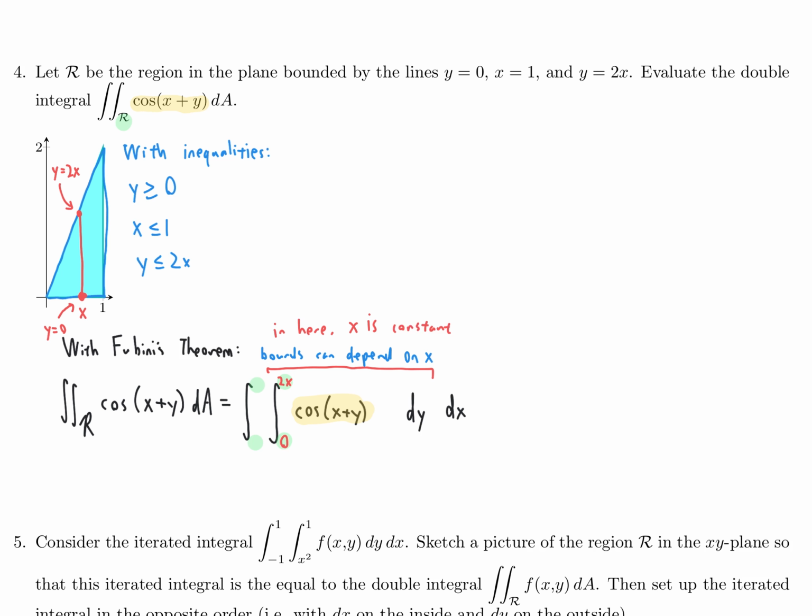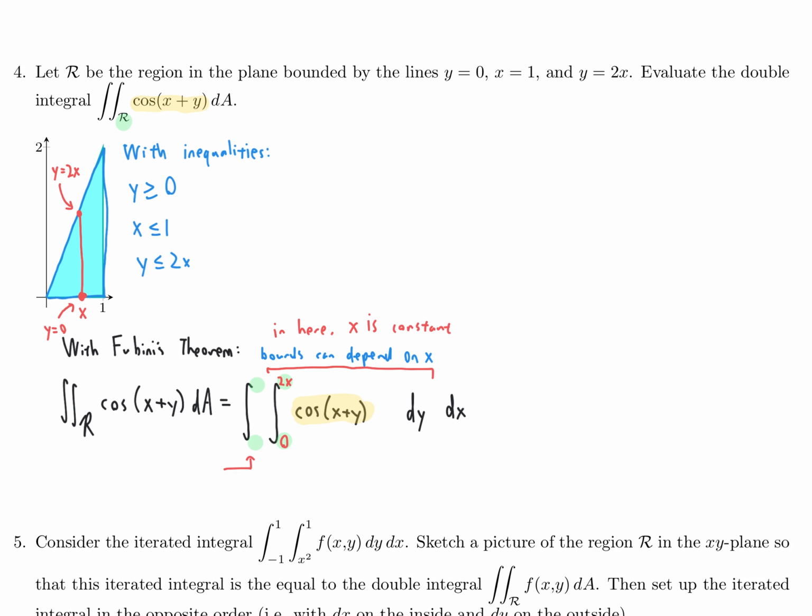Now it's a little bit odd to be putting an expression with x's into your limit of integration. However, because we're treating x as constant in these parentheses, it's okay. This 2x is really being treated as just a number. It's being treated as a constant inside this inner integral. By contrast, on the outer integral, we're not going to be treating anything as constant.